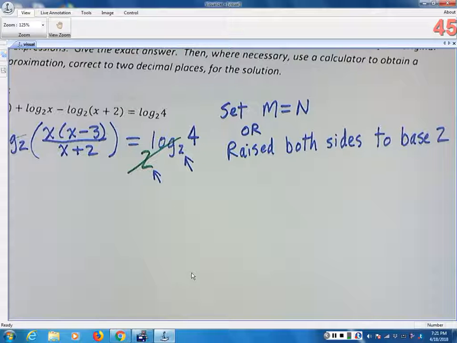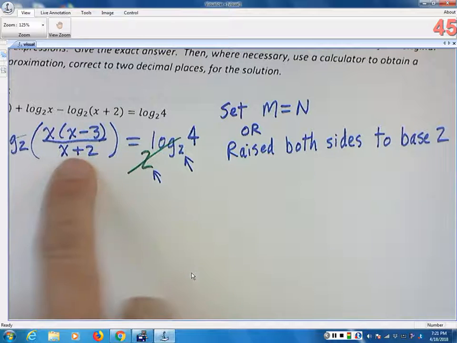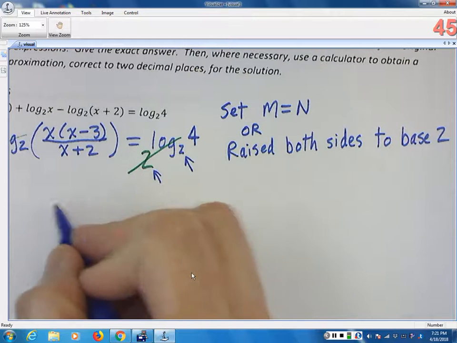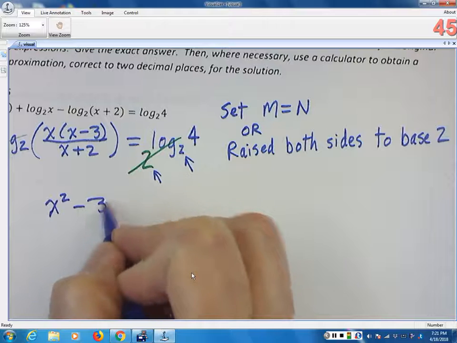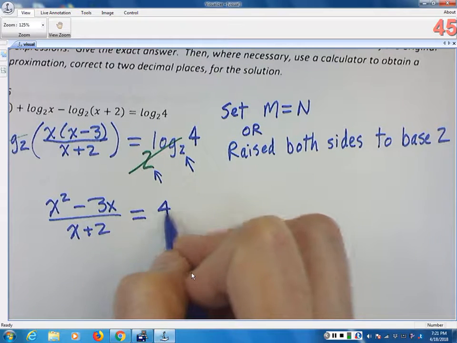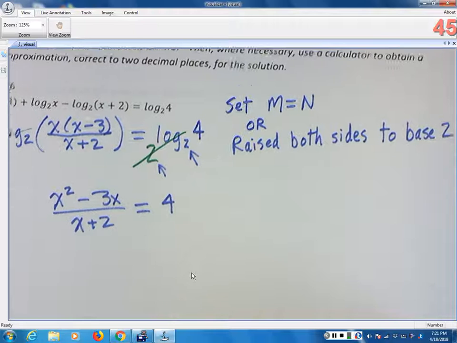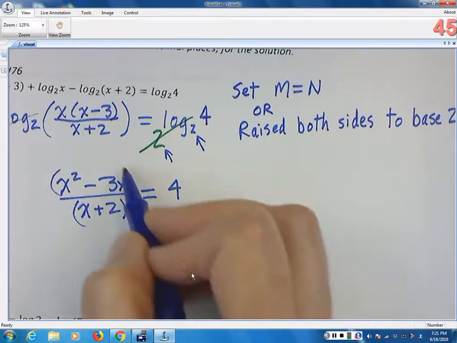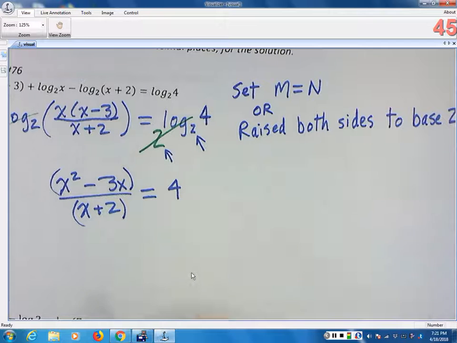Okay, and now this is where you got to be able to solve equations. Now we're back. So we've got this equals this. I'm going to distribute this. It's x squared minus 3x over x plus 2 equals 4. We can multiply both sides by x plus 2 to solve this.